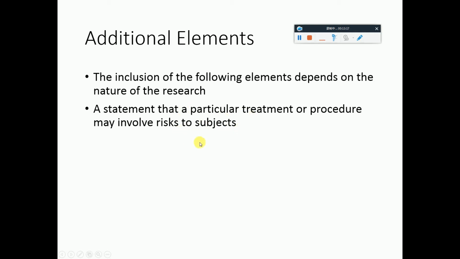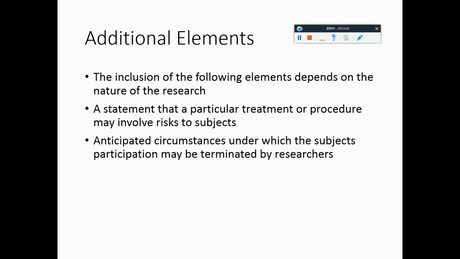That is, while the entire study, generally speaking, has very minimal risk, because a certain treatment or procedure is included, that particular treatment or procedure has risks. If that's the case, then researchers must make this known to participants.